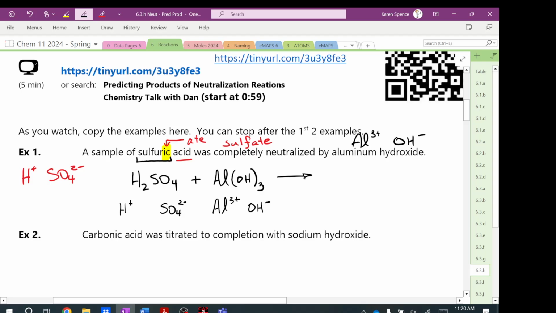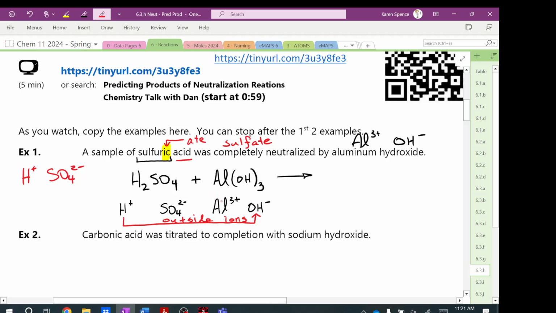What are we going to combine? We're going to combine our outside ions. And what's the other thing we're going to combine? Our inside ions.